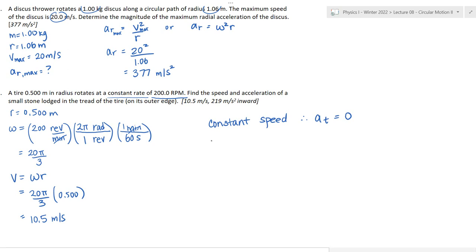Okay, but the fact that it's traveling in a circular path means that there is some type of acceleration here. And that would be radial acceleration. Okay, so it does not equal 0 because it's traveling in a circular path. So there is a radial acceleration. And remember, there's 2 formulas for radial acceleration.